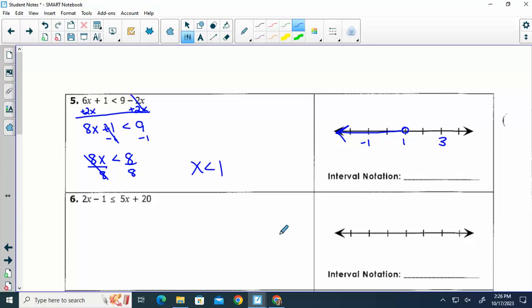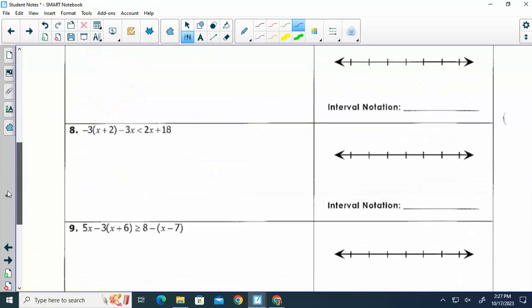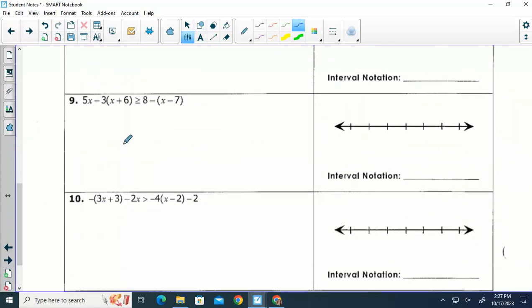Let's look at number 9. And kind of skip down to the bottom of the page. It definitely has more variables, more numbers, more parentheses. So it looks like more work, but we're just doing the same types of things. So where would we have to begin? Distribute.